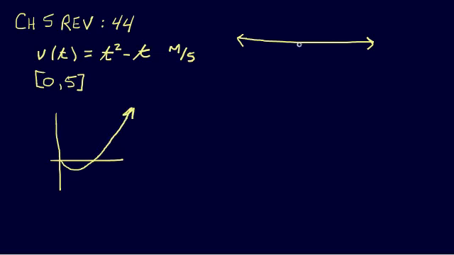So whatever the particle is doing, if it starts out here on the line, its first motion, because of the negative velocity, is to the left. It slows down, stops at the time associated with a velocity of 0, and then it begins from that point forward to move to the right with greater and greater speed. So we have a particle whose motion is to the left and then turning and moving to the right.